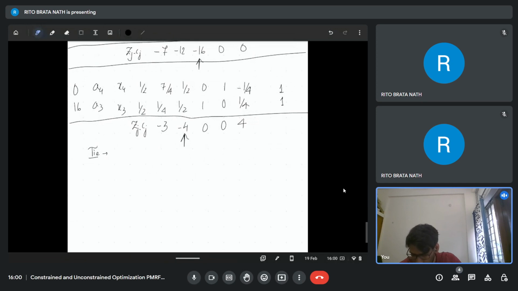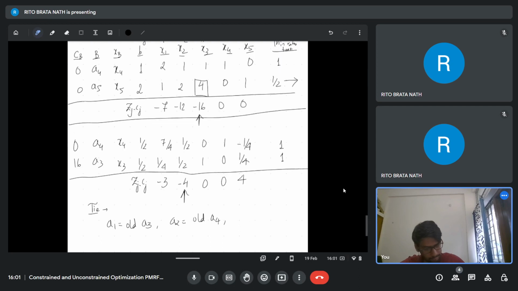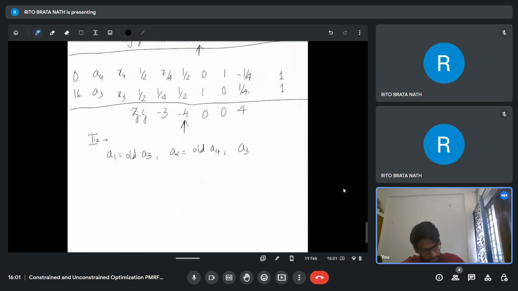So what you have to do, you can treat A1 equals old A3, A2 equals old A4, and A3 equals old A5. So the min will be min of Y11 by half, comma Y21 by half.